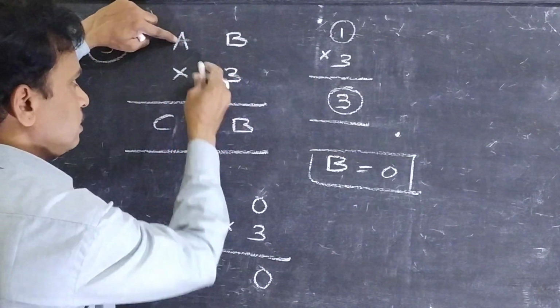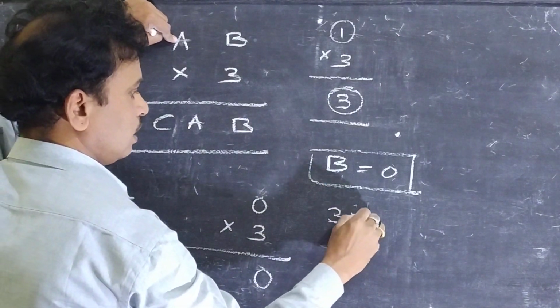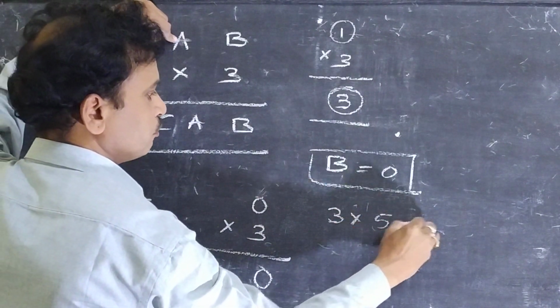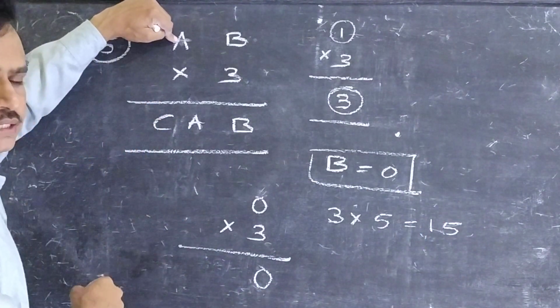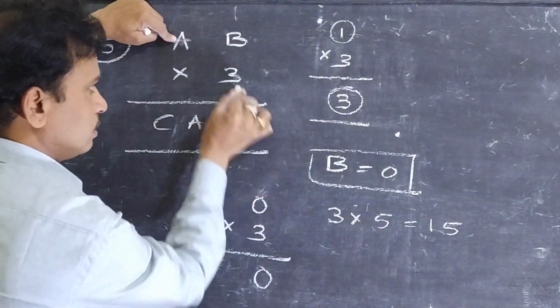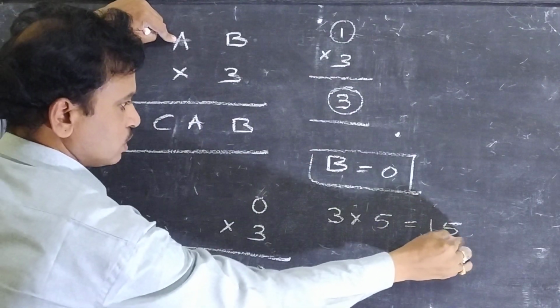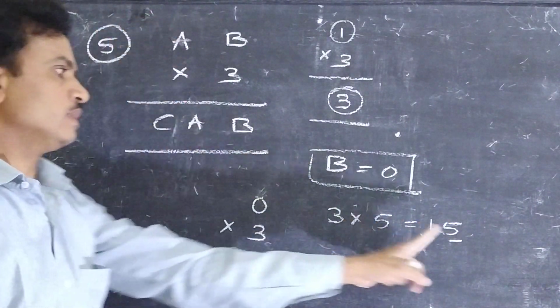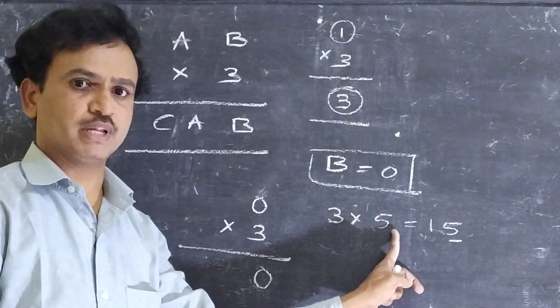So we'll check it. 3 fives are 15. That means the unit place we are also getting the same digit.